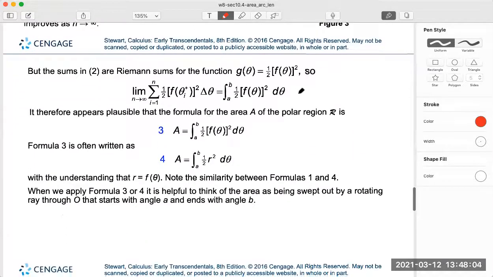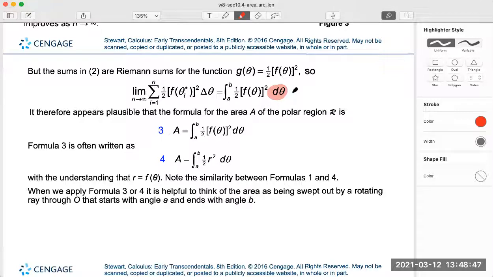Therefore, the Riemann sum of this area is the limit as n goes to infinity of this sum, or we can write it as an integral: the integral from A to B, where A, B are the limits of the angle theta, of 1/2 of f squared d theta. So again, one more time, it is very important to write this indicator, d theta. This implies that we are taking the integration with respect to the theta variable.